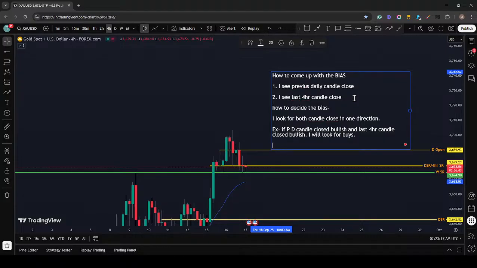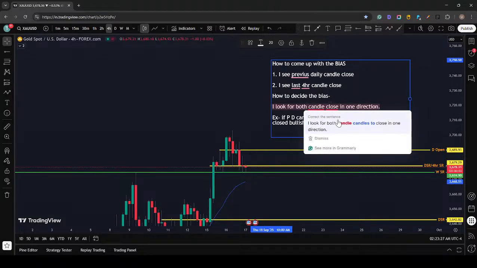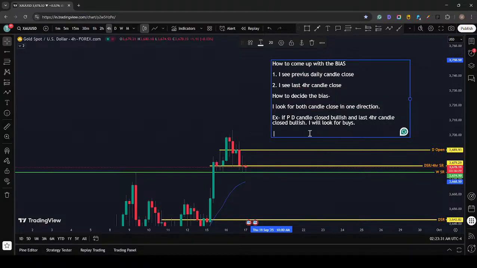Same with the sells. If the previous daily candle closed red and the last 4 hour candle closes red, I'll look for sells.